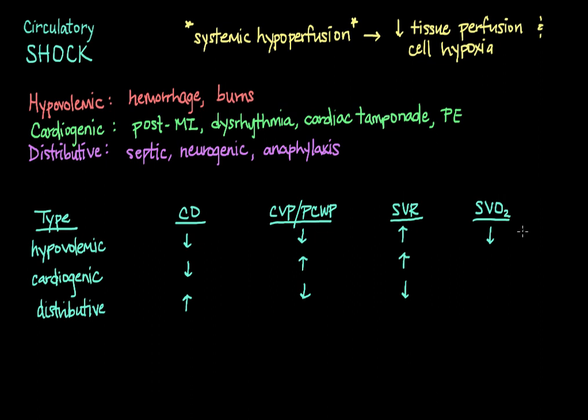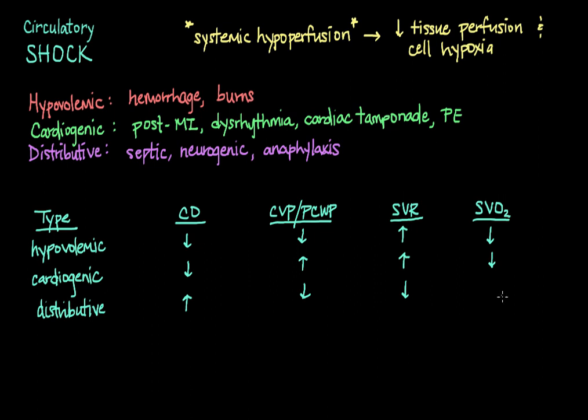And that's because whatever little blood that is being pumped to the tissues, the cells are going to extract as much oxygen from that blood as possible. The same thing happens in cardiogenic shock. Since there is a decreased rate of new blood with fresh oxygen being pumped past, the tissues are going to try to extract what little oxygen they can get.